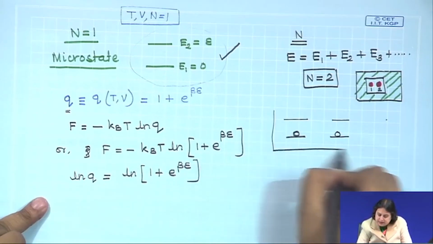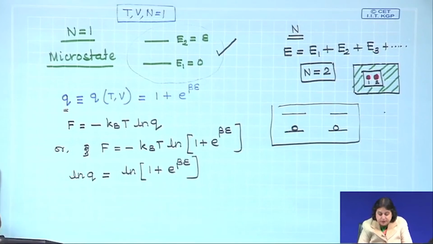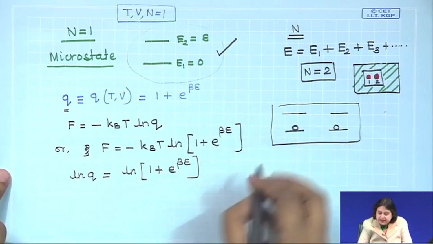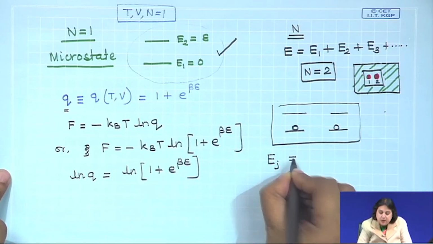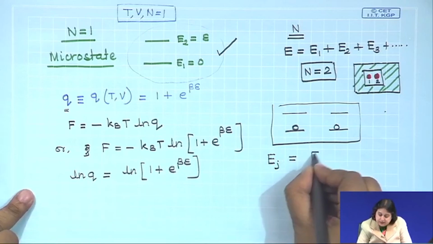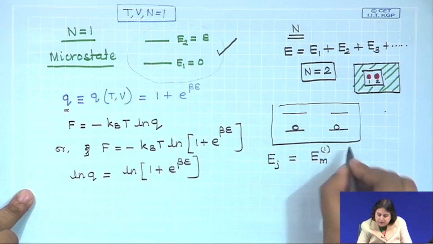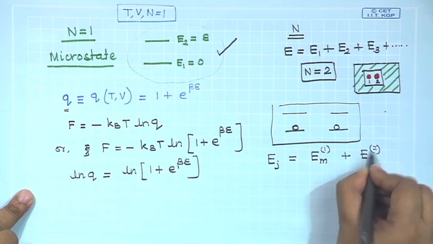So this is the lowest energy microstate for the system. This way I can say that the jth energy state will correspond to the mth energy state of particle 1 plus the nth energy state of particle 2.